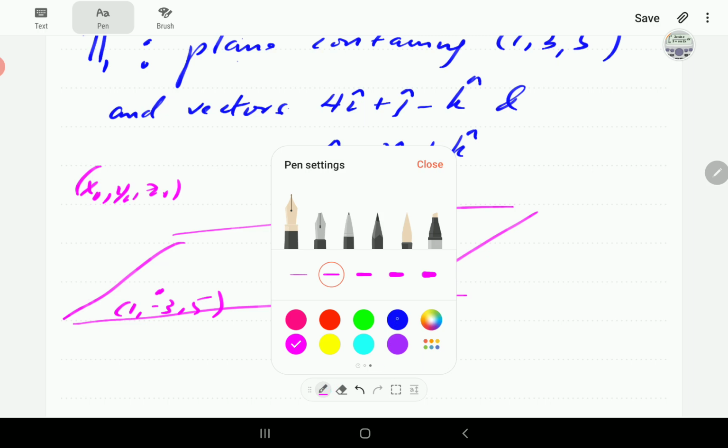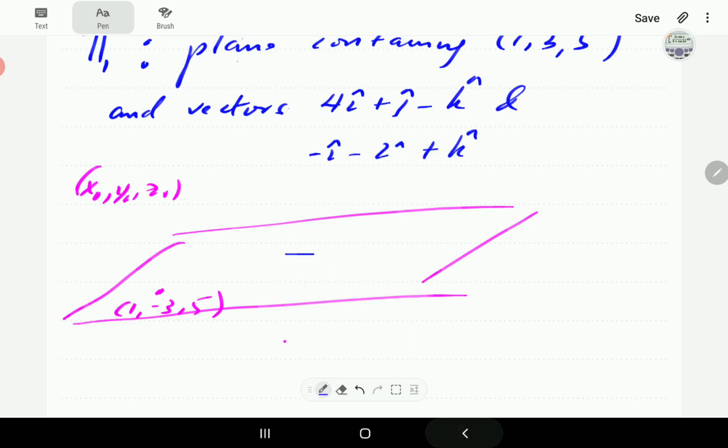So those two vectors can play the role of our direction vectors m1 and m2, so long as the two of them are not parallel. And by just inspection, you can see that these are not parallel because the numbers are not multiples of each other. If you make this minus 1, then these two numbers are not going to be the same as those two numbers there.